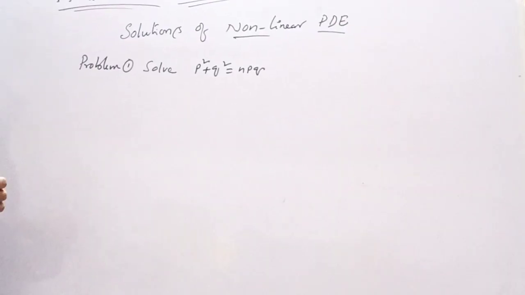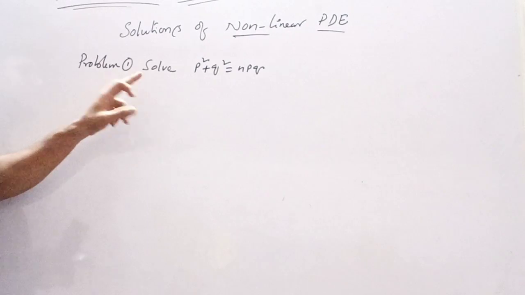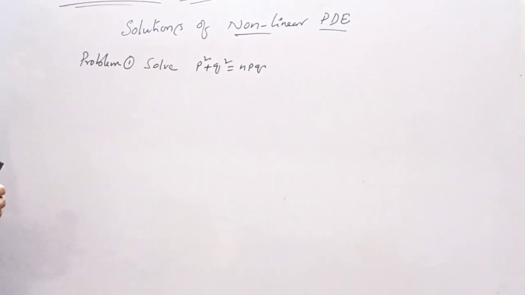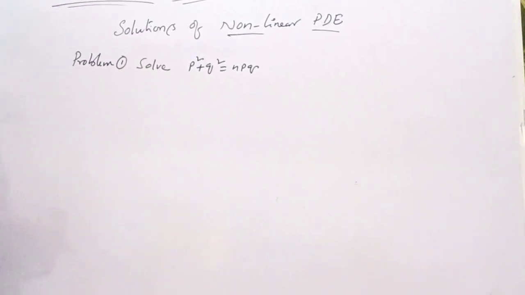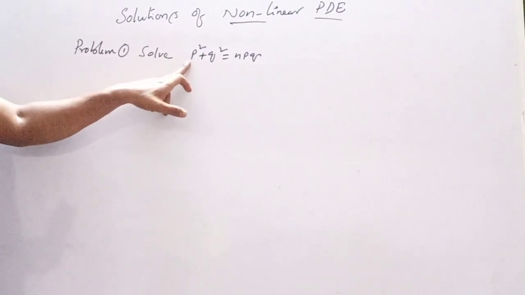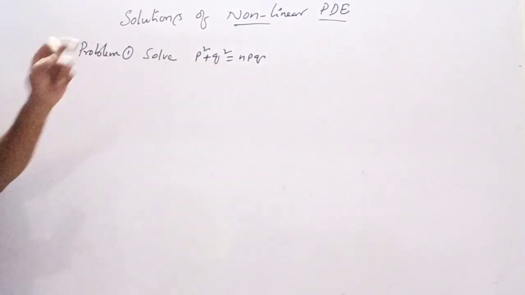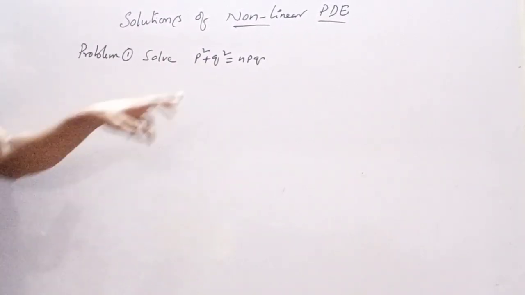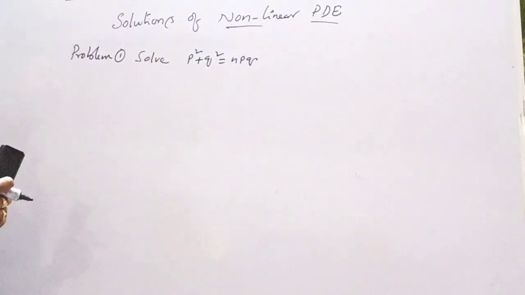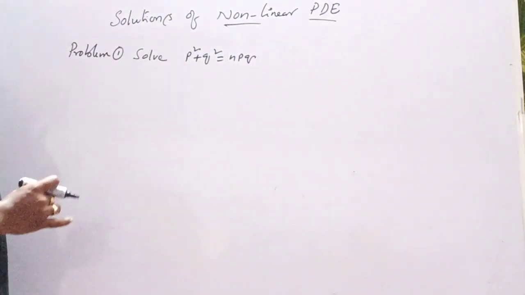Here, solve p² + q² = npq. You observe p is of second degree and q is of second degree, so this is a non-linear differential equation.